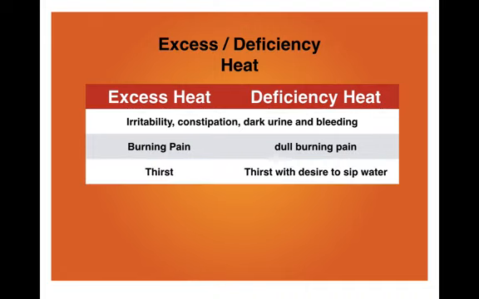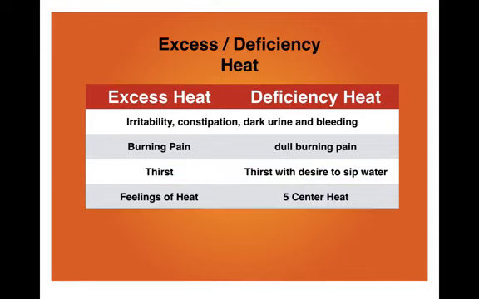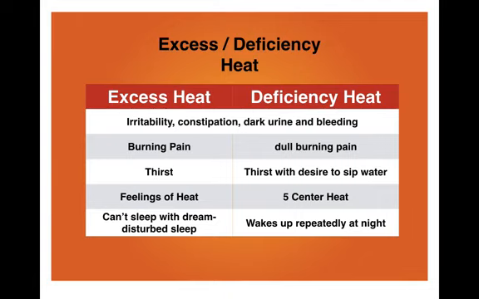With excess heat, you have thirst. With deficiency heat, you have thirst with desire to sip water. With excess heat, you have feeling of heat. And with deficiency heat, you have 5-center heat. With excess heat, they can't sleep or they have dream disturbed sleep, right? Where deficiency heat, you have waking up repeatedly at night.